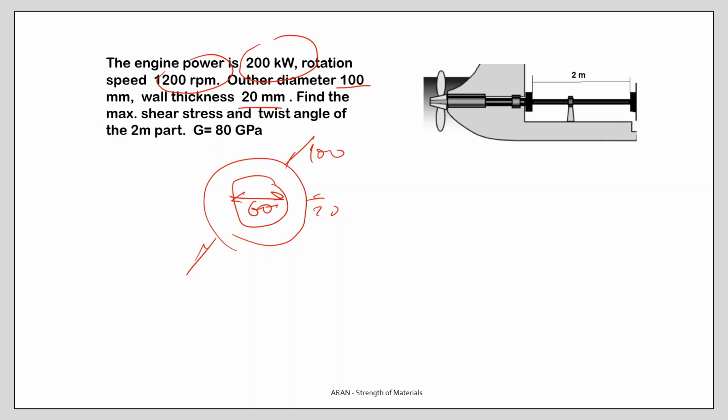Find the maximum shear stress and the rotation angle or twist angle of the part, which is 2 meters. The twist angle of this part is asked, G is given.